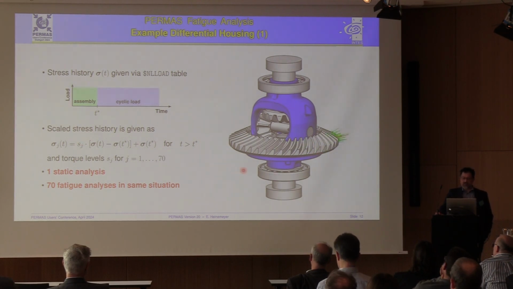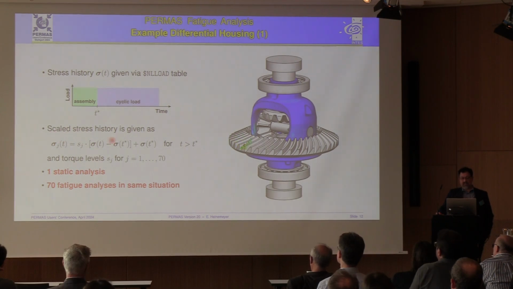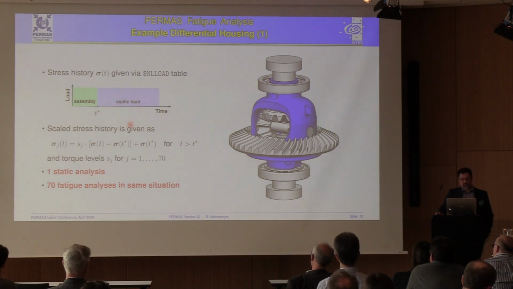You do one static analysis to compute a time history for one fixed torque level. Then within the fatigue analysis, you can define these scaled stress history values that you've seen here, where you take the stress state at the end of your assembly phase, subtract this from the stress history that you computed once for a fixed load level, then scale the difference and afterwards add the stress state again onto this.